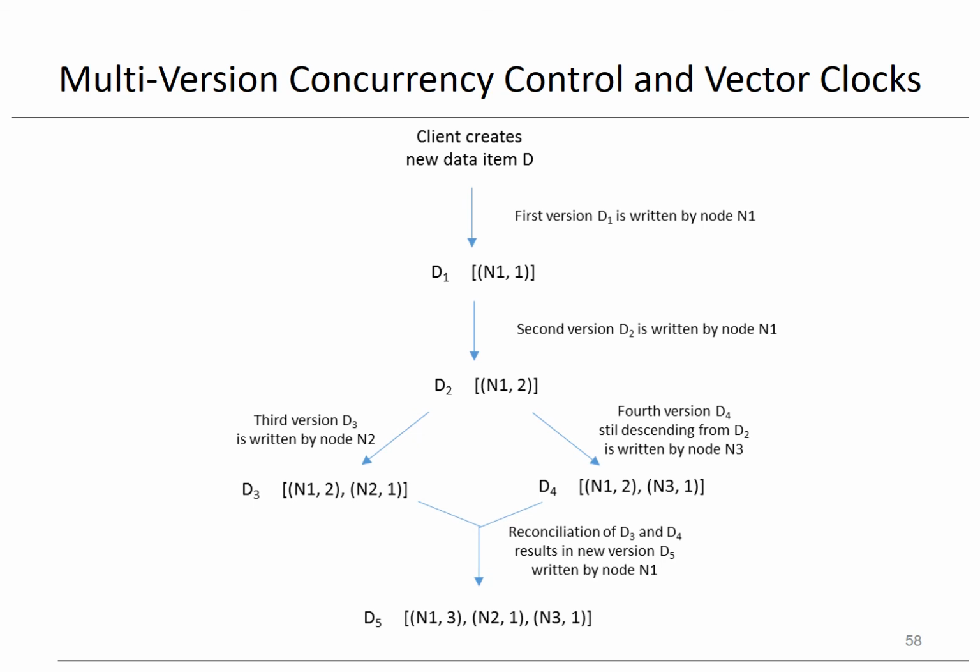However, at some point, both versions will be read and reconciled by a client or by the DBMS. The new version, D5, will be a descendant of both D3 and D4. Suppose the write is handled by N1 again. The vector clock then becomes N1, 3, N2, 1, N3, 1. D3 and D4 can now be garbage collected.